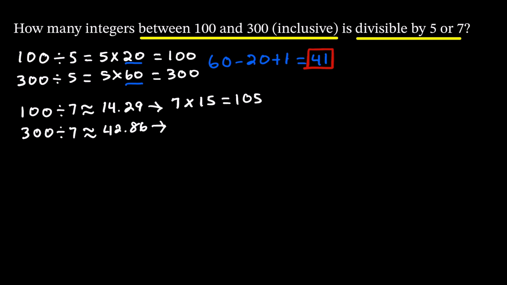And our last multiple in this range is 7 times 42. We have to round this decimal number down because we need our numbers to be less than or equal to 300. And this gives us 294.